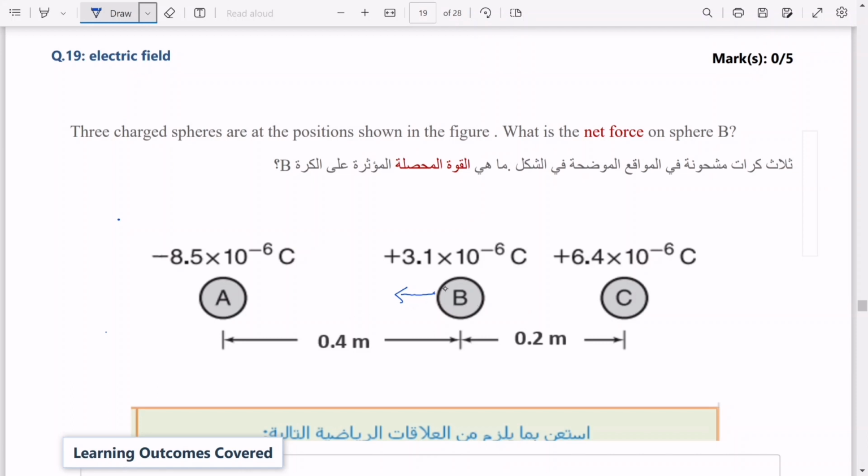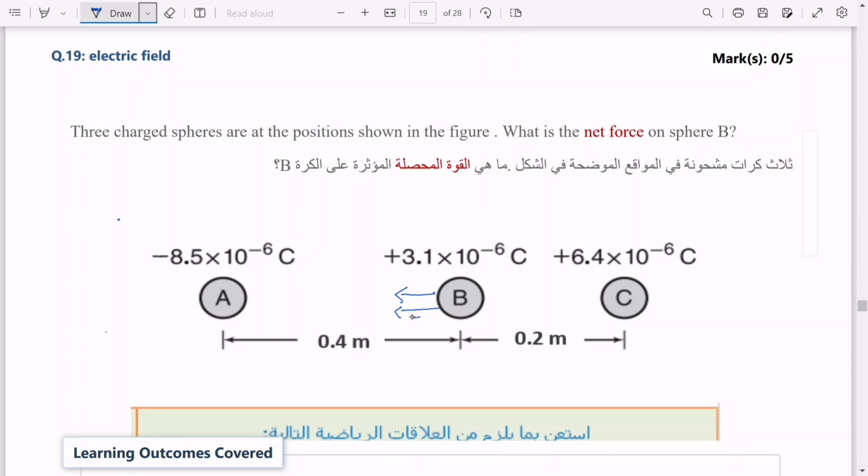And charge B will experience a second force, that is from charge C. Charge C is a positive charge, so it will apply a repulsive force on B. So the force applied by charge C will be along this direction.